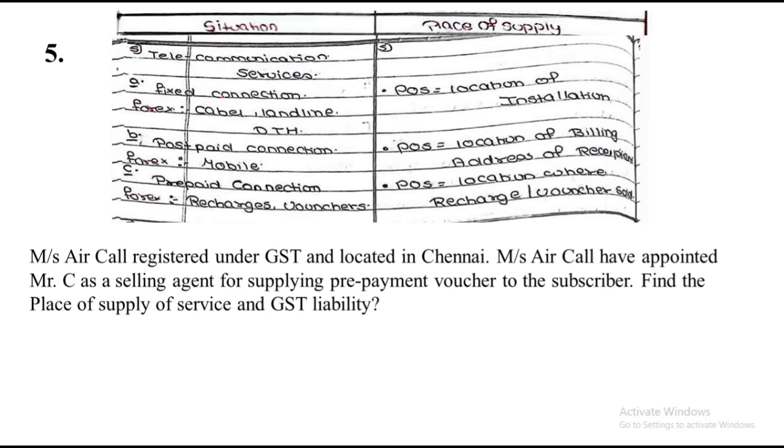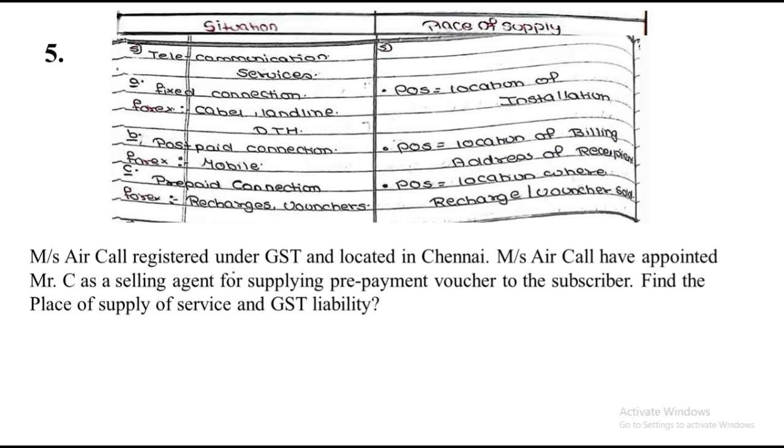To understand that, there's an example. Mr. or Mrs. Aircall, registered under GST and located in Chennai, has appointed Mr. C as a selling agent for supplying a prepayment voucher to the subscribers. Mrs. Aircall is located in Chennai and they hired a person to sell their prepaid vouchers at Chennai itself.